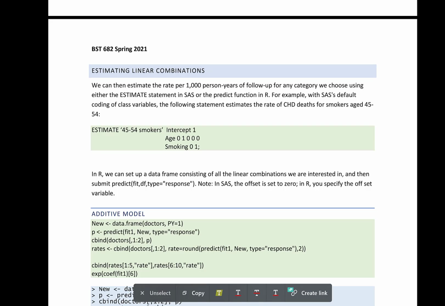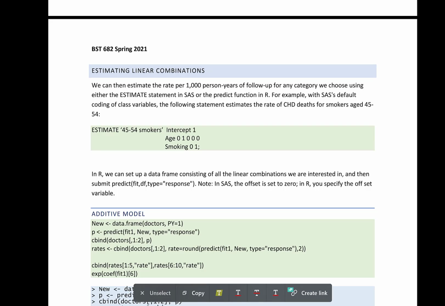All right, so we can now estimate the rate per 1,000 years of follow-up for any category we choose using the estimate statement in SAS or the predict function in R, similar to what we've seen before. So for example, with SAS's default coding of class variables, the following statement estimates the rate of CHD deaths for smokers age 45 to 55. Here we've seen things like this in the linear regression course.